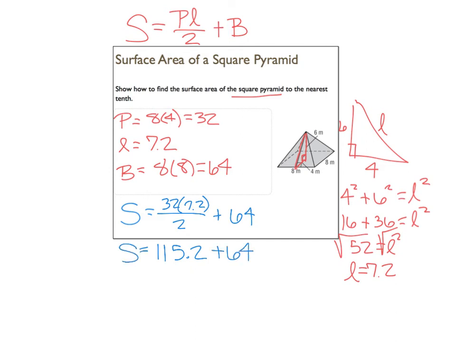All right, so already right here we know our lateral area is 115.2. All right, and then I'm going to add that 64 in, so I get 179.2. So that's my surface area, and my lateral area again is just this first part here, which gives us the 115.2.